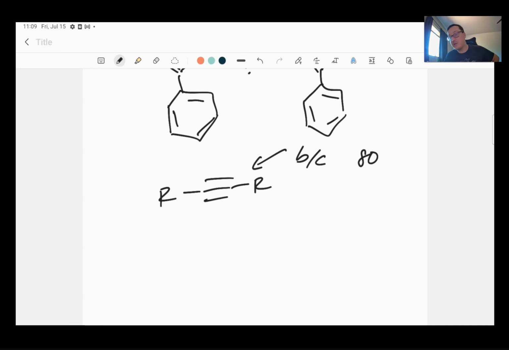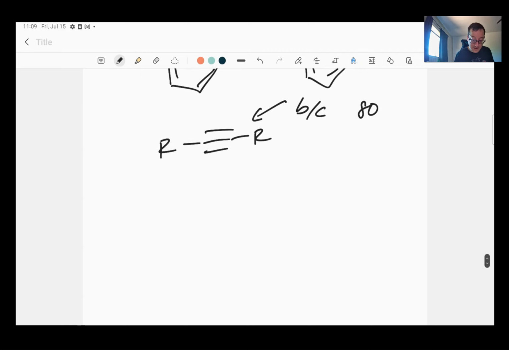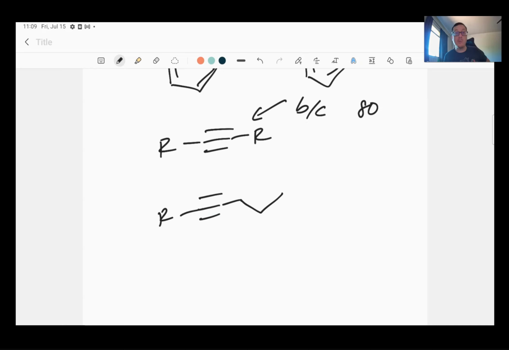So this is the fun part. We have so much to put together here. With this, we can probably say, based on what we have in the rest of our molecule, that we've got this propyl group that's next to the alkyne. How do we know that?